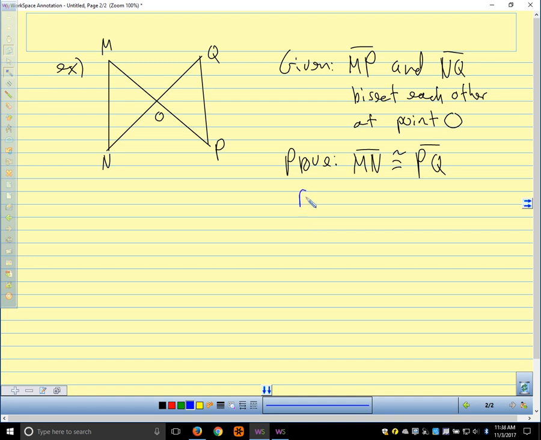So our plan is we want to show that these triangles are congruent.